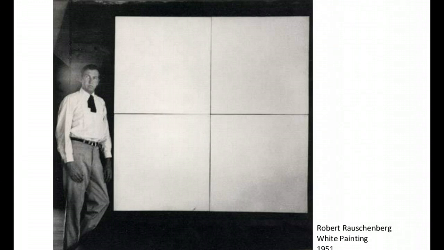But instead of finding advertising material, which actually he will do after he graduates from Black Mountain College and moves to New York and becomes a venerated artist, but first he's much more interested in the way that the audience relates to the work of art.